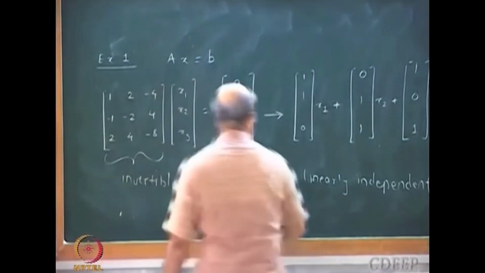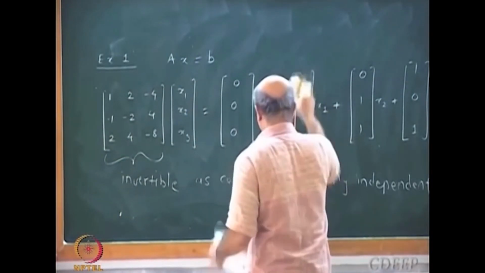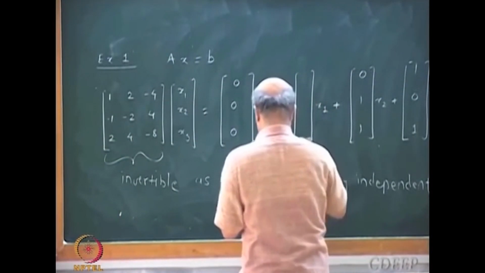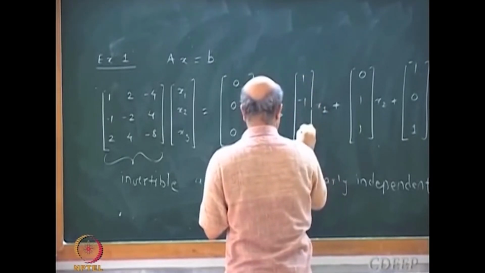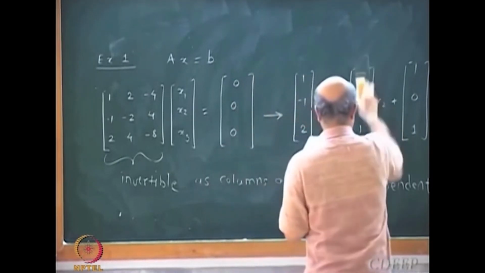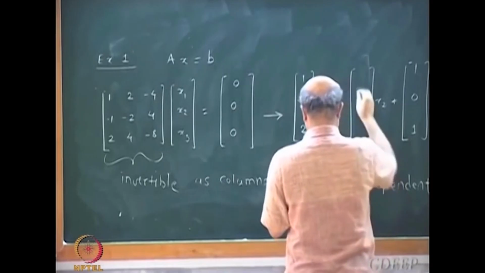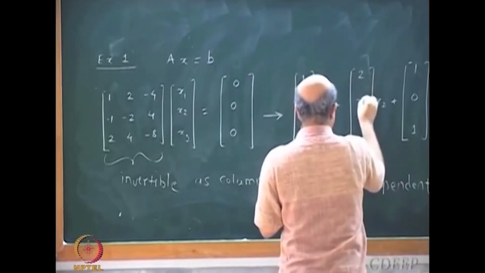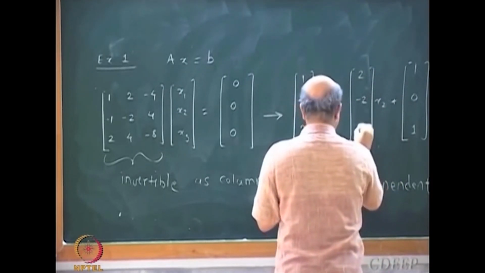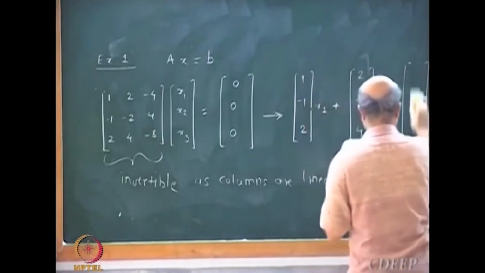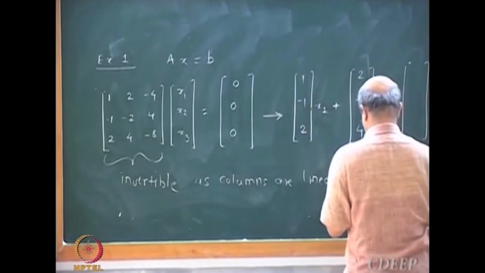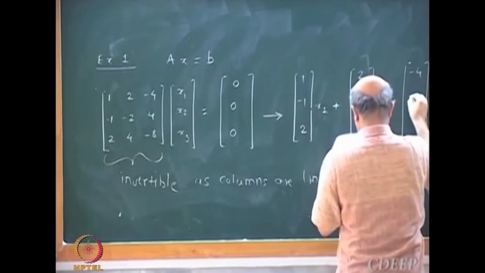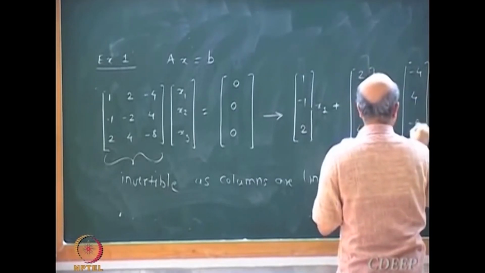So basically I want to solve for (1, minus 1, 2), (2, minus 2, 4), and (minus 4, 4, minus 8).